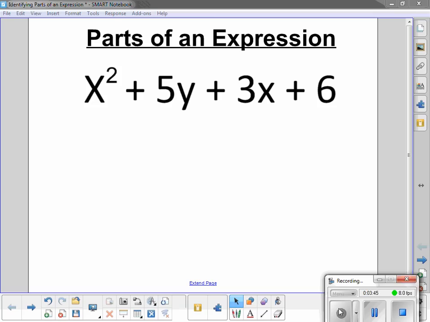The next variable term we're going to look at is 5y. So I've got a y, which we know is a variable, and I've got a 5, which is directly in front of the variable, and it tells me how many of that variable I have. Therefore, it is called a coefficient.